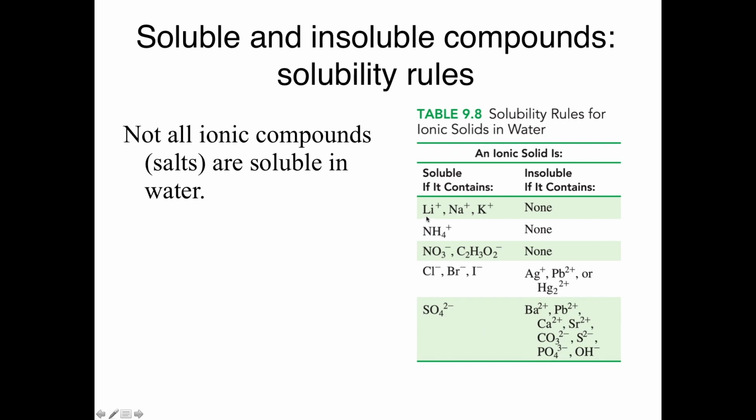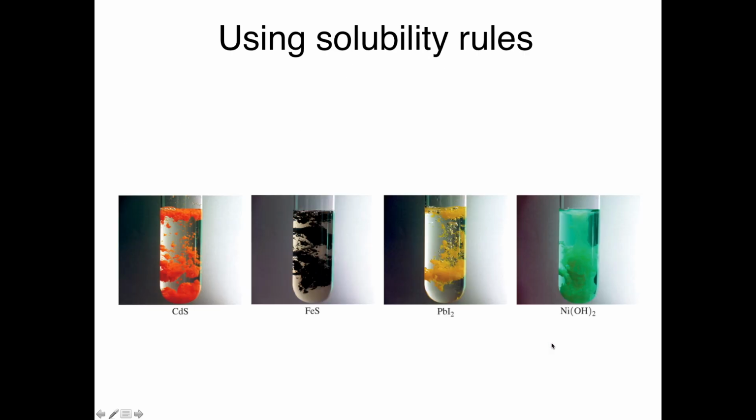So for example, if I had lithium carbonate, it will be soluble because lithium has no exceptions. Whereas when you have, let's say, calcium carbonate, that's going to be insoluble, right? Because calcium is not listed up here. But carbonate is listed down here as being insoluble all the time.